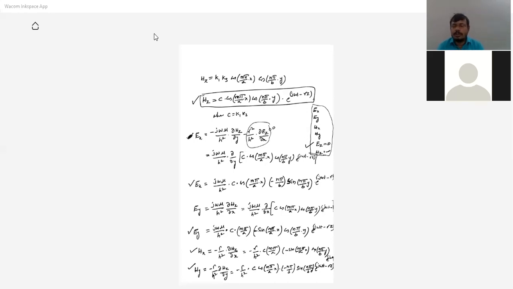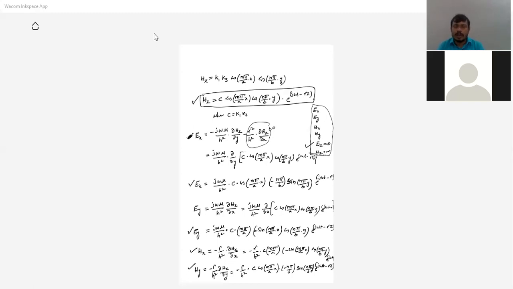So now, how to derive the expression for the field components for transverse magnetic mode and transverse electric mode. TEM mode does not exist in the rectangular waveguide, also we'll see later.